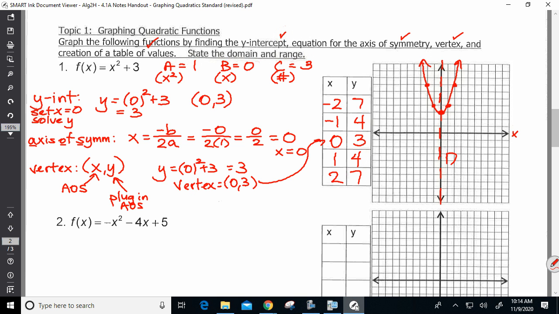Domain is negative infinity to positive infinity. For the range, the graph is opening up, so the y value of the vertex comes first, and then infinity. There's our domain and range. There's the end of our graph and our analysis of the graph. Questions, example 1.